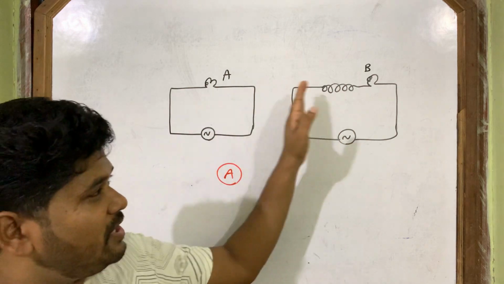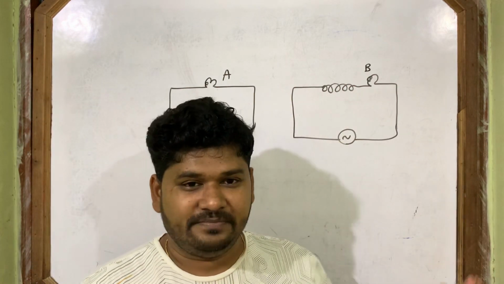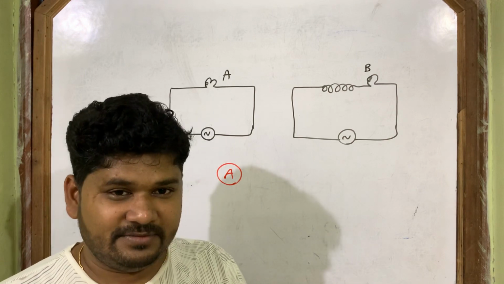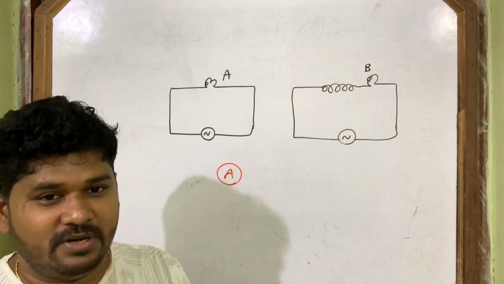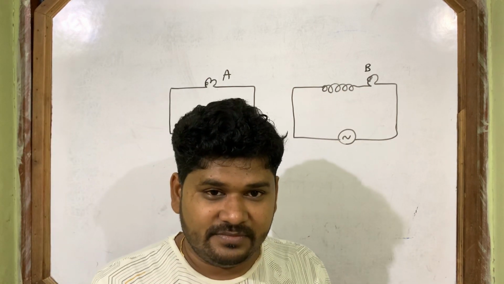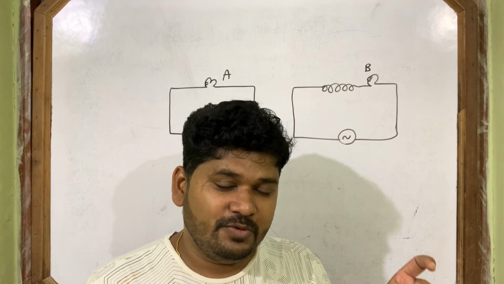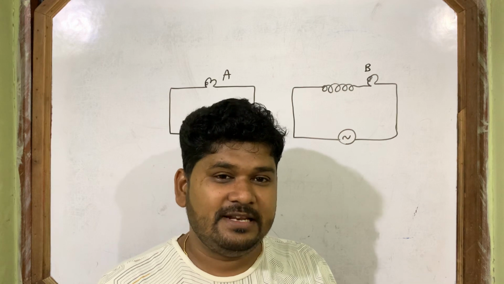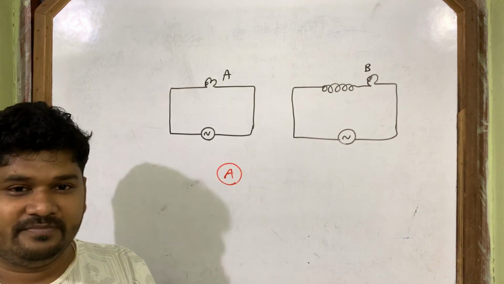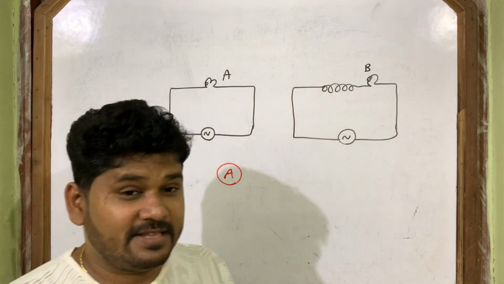That will show a delay to be off. Which bulb, A or B? The switch is off, then which bulb will still glow, up to a late time? Think of the answer.